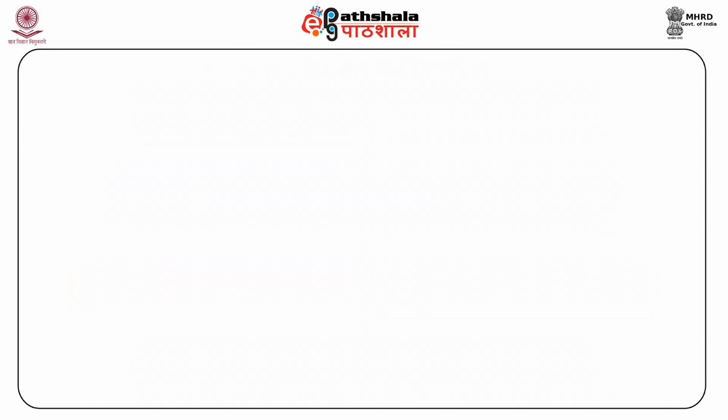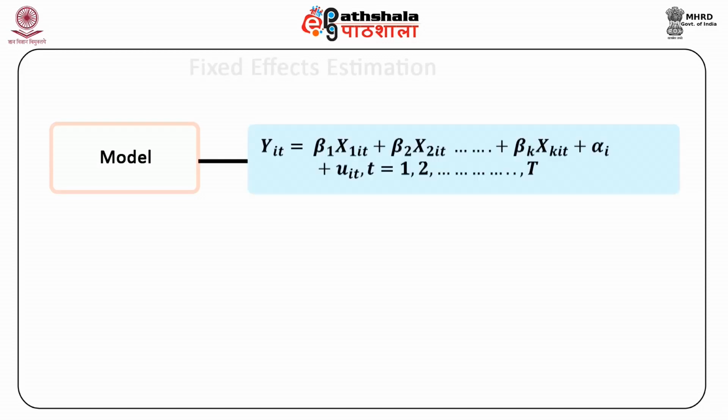If we add more explanatory variables to the equation, it causes a few changes. Let the model be defined as y_it = beta_1 x_1it + beta_2 x_2it and so on up to beta_k x_kit + alpha_i + u_it, where t takes the values 1, 2 up to capital T. This is our equation 14.